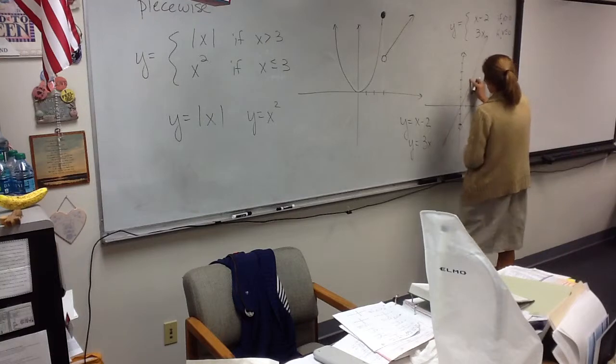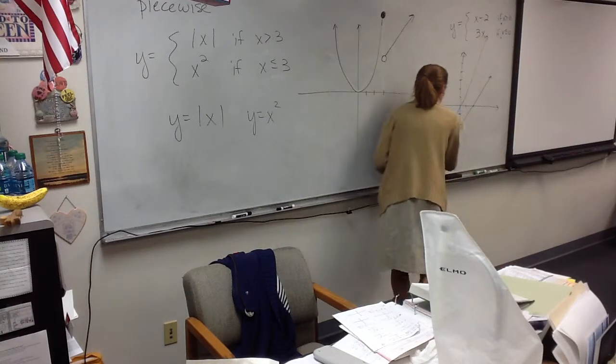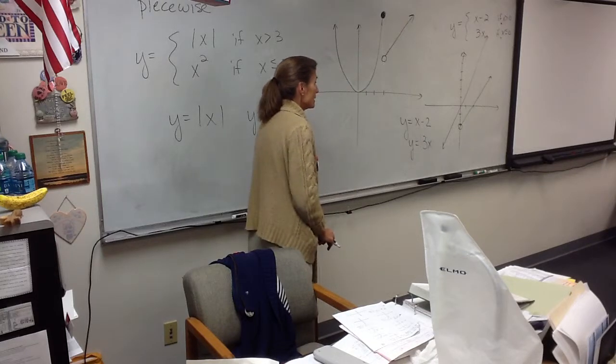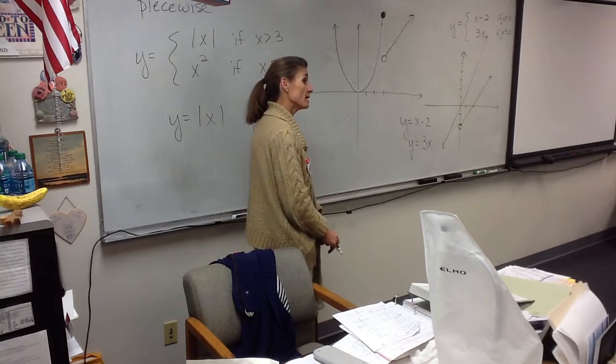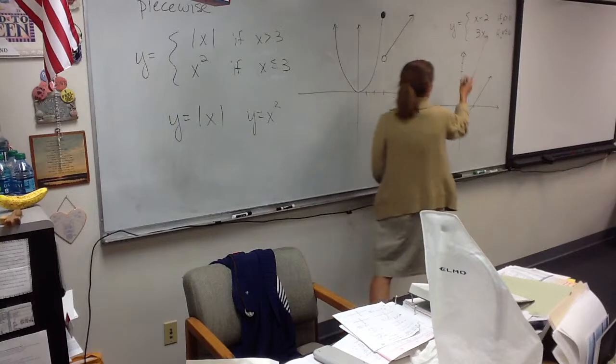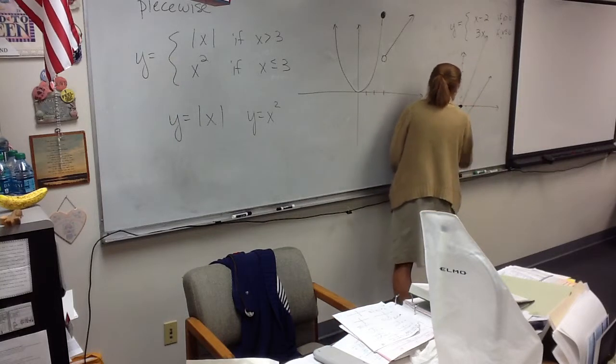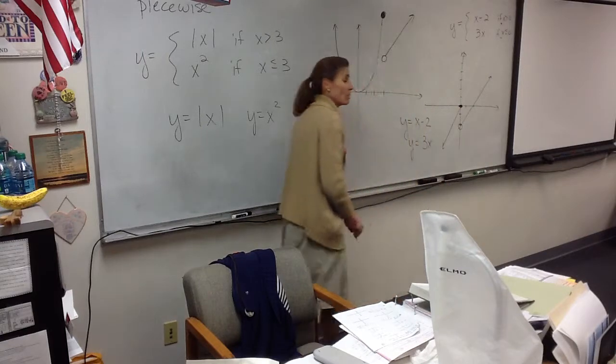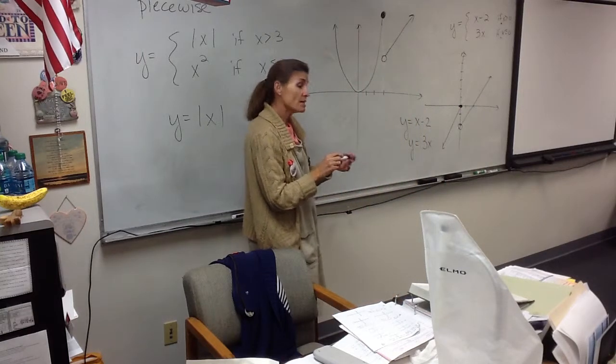It's so hard for me to draw lines, that's what I get. Wait, do I want the whole thing? No. I want the part from 0 down, so I'm going to erase this, and there is that piecewise function.